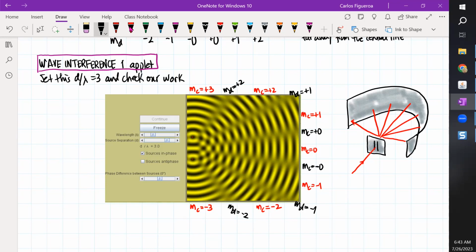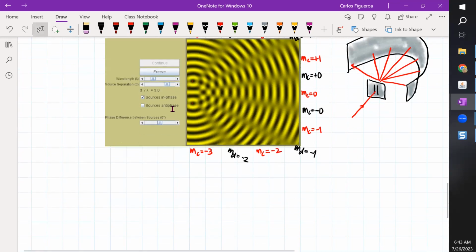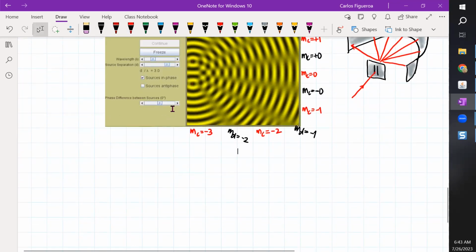Now, one of the things that I sometimes do is that you can draw an interference pattern a slightly different way. So if I look at my interference pattern, I could, by hand, move the distance here.